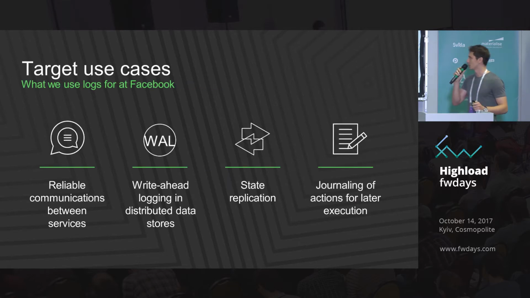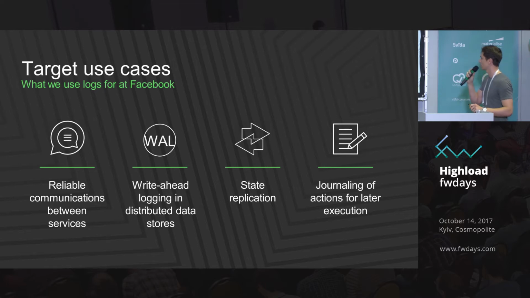Let's take a look at the target use cases that we have at Facebook for this system. It can be reliable communication between services. If we have several services trying to exchange data, it has to be durable, available, and fast.